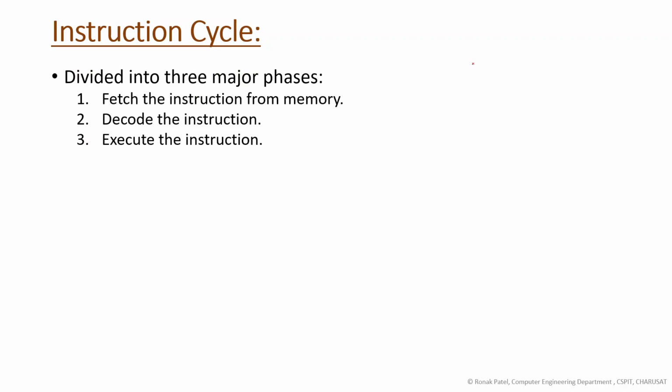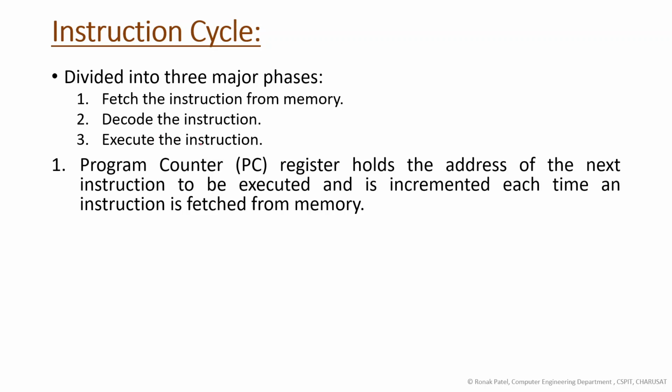Now next, about the instruction cycle. Instruction cycle means the time for executing one instruction. It is divided into three major phases: fetch, decode, and execute. The program counter register holds the address of the next instruction to be executed, and is incremented each time an instruction is fetched from memory.